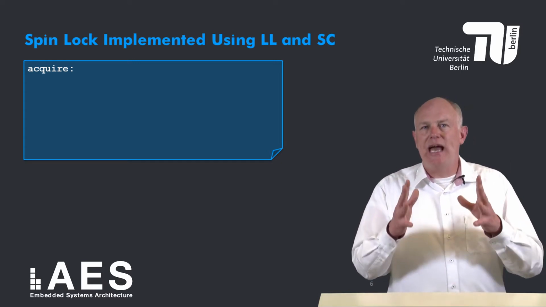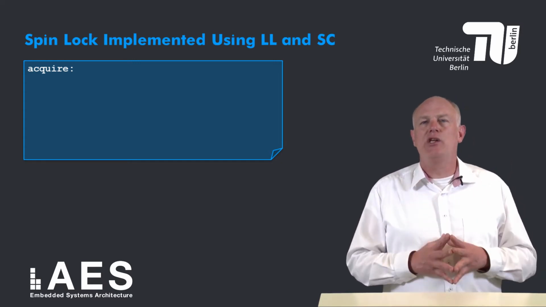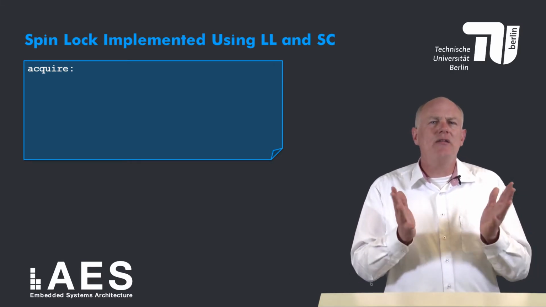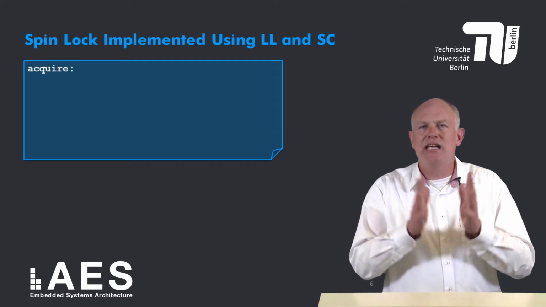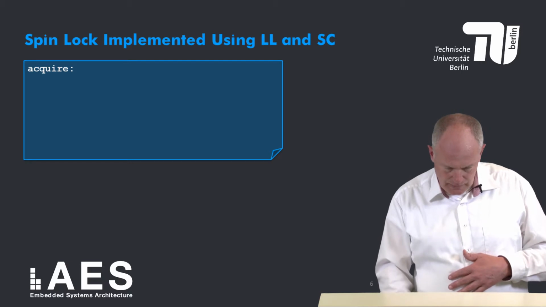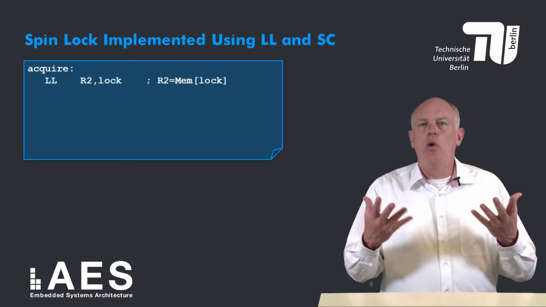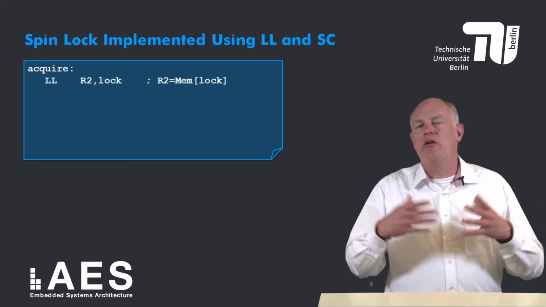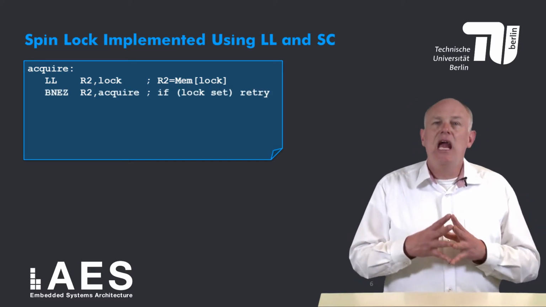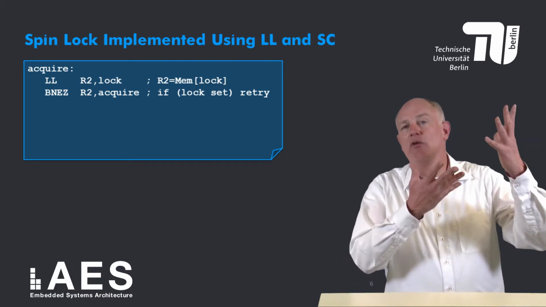Finally, I will sketch how the acquire operation of a spin lock can be implemented using load linked and store conditional. It is in fact very similar to the implementation of the acquire operation using test and set. First, we load the lock variable into a register R2 using load linked. If the lock was already set, we repeat.